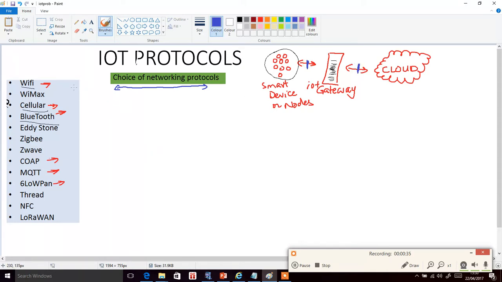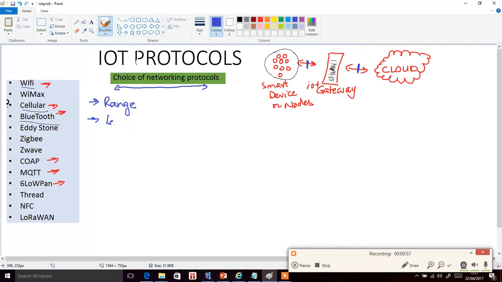So the most important factors are, for example, what should be the range of the communication between the devices and gateway, or the gateway and cloud. Number two is the power.